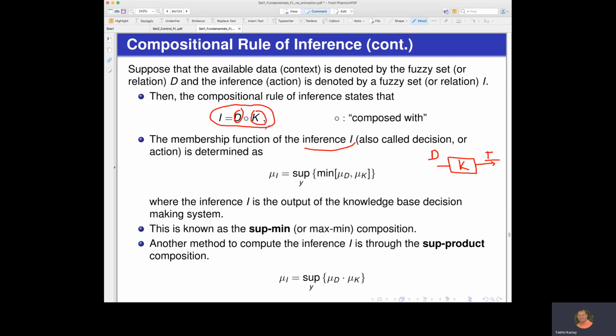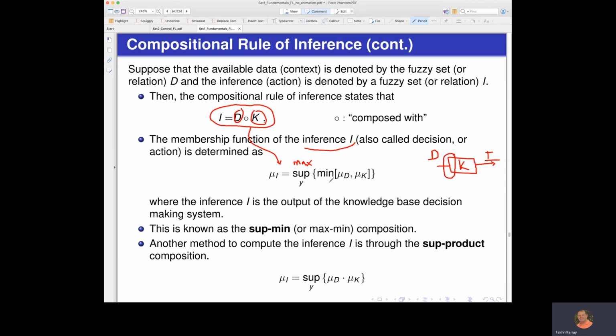In this compositional rule of inference, we can define it in the form of a membership function using what is known as the supremum or max. So in certain books, we can utilize the max over all the y's. Y is going to be the component that is common between the D and the K. So this is going to be the interface in this particular region, and we are going to see an example in the next few slides.